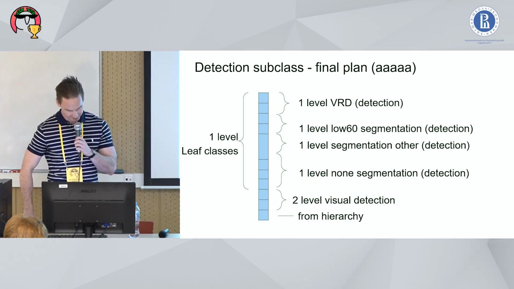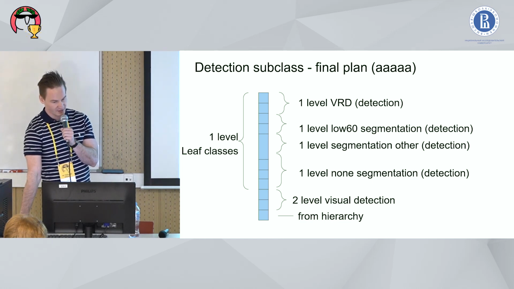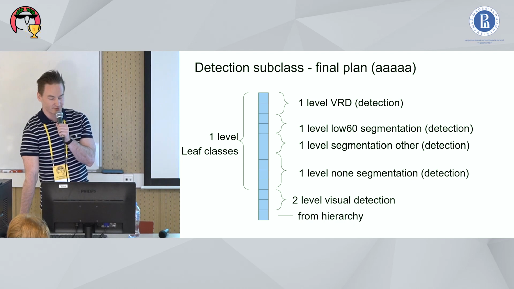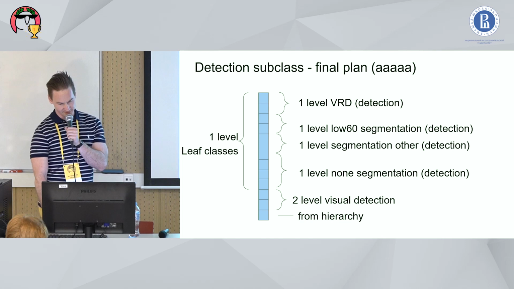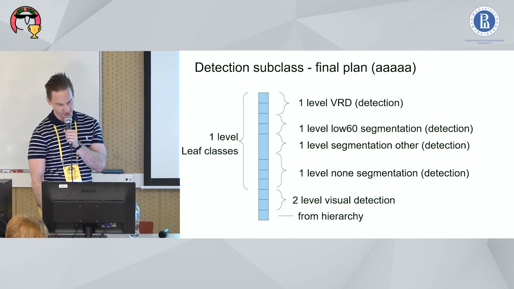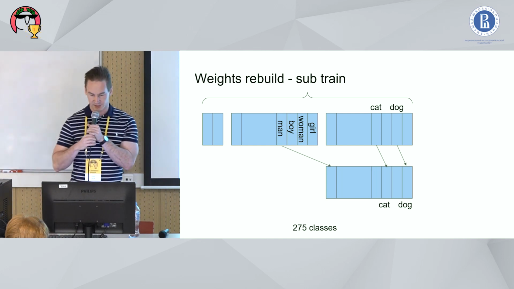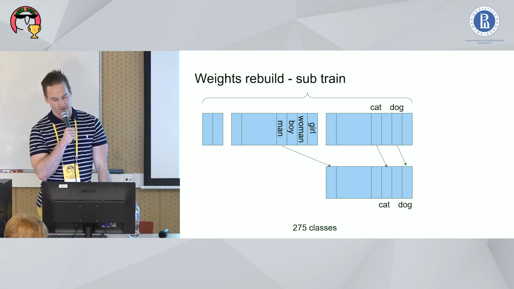So my final plan looks like this. I replaced all segmentation models with detection and had to retrain 6 models in the last 2 weeks. It was very hard, but by some miracle I was able to do this because I trained an expert model for every subset of these classes. And at every step, I used weight rebuilding as I planned.